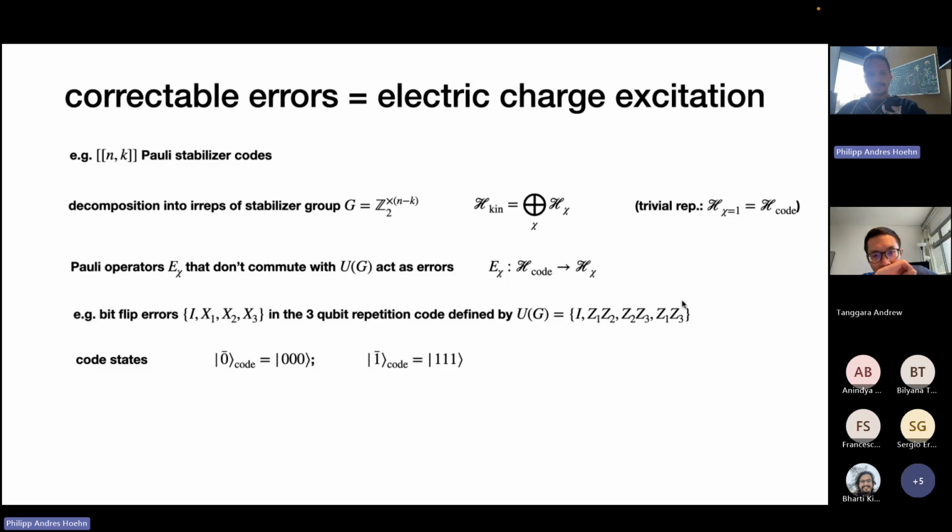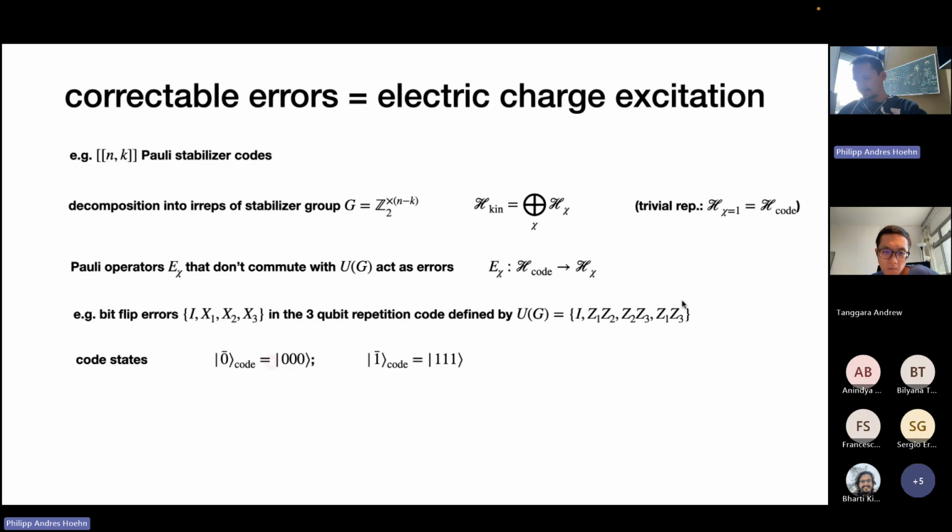And well, for the bit flip codes, for the 3-qubit repetition code, for instance, the bit flip errors, I suppose you're probably familiar with this, given by this stabilizer group here. So this is just Z2 times Z2. And I can look at the individual bit flip errors. The encoded states look like this.